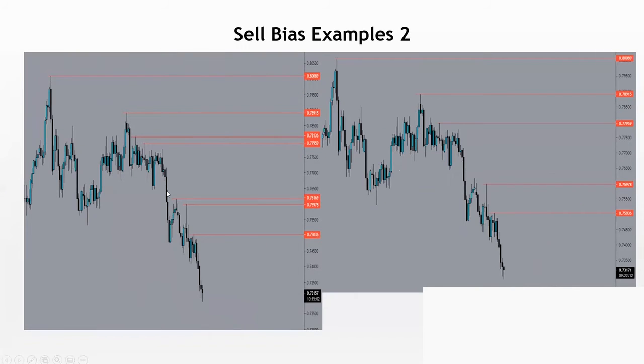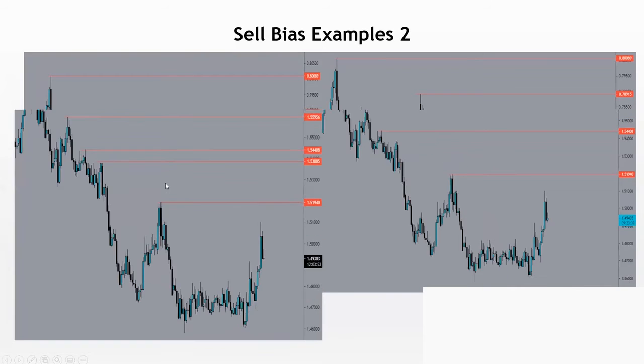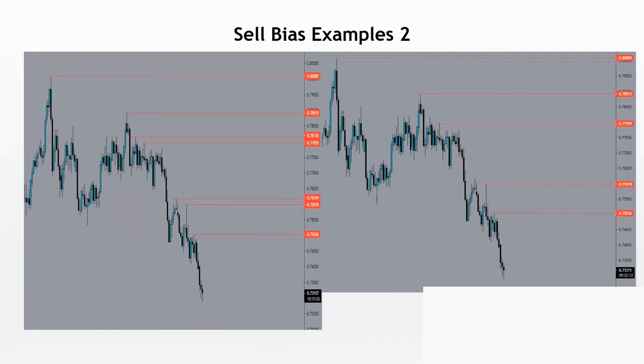So let's just look at another sell bias example. We'll go over this. So these are untested lower highs within the market. You see, untested, untested, untested. That was tested, untested, untested. And again, pull back, new low. This was untested.